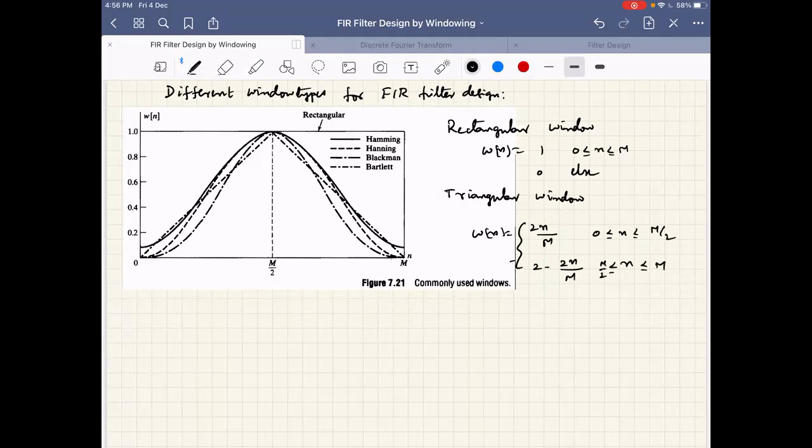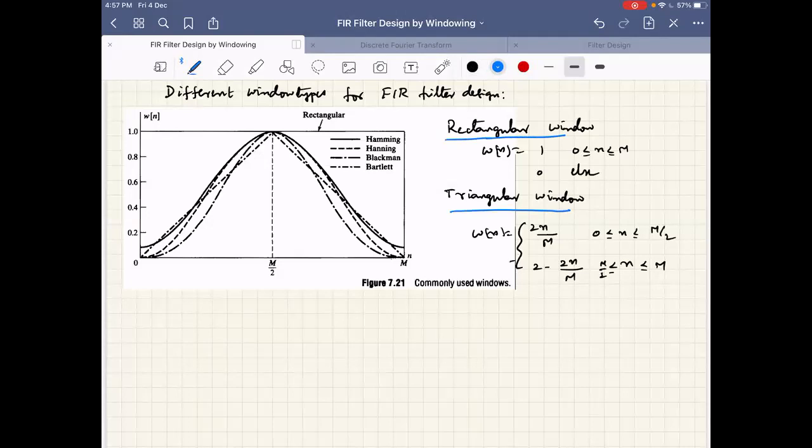Similarly, we have other windows defined. Rectangular window is one kind of window, then the triangular window. That means instead of exactly truncating M samples, we taper off the M samples with this window.